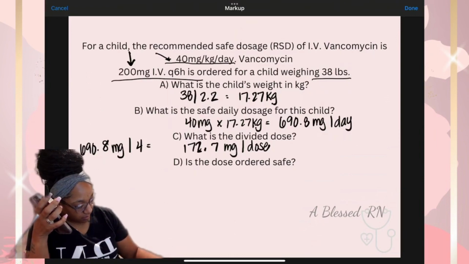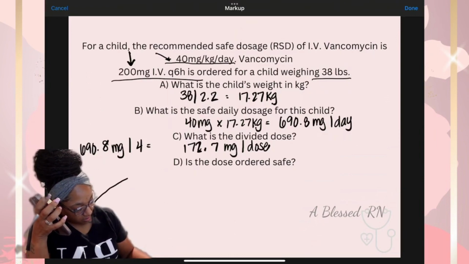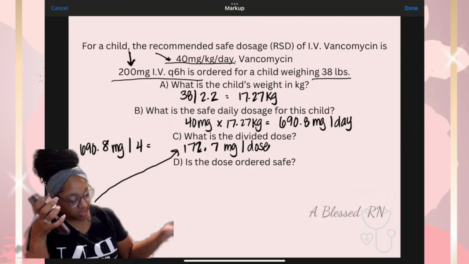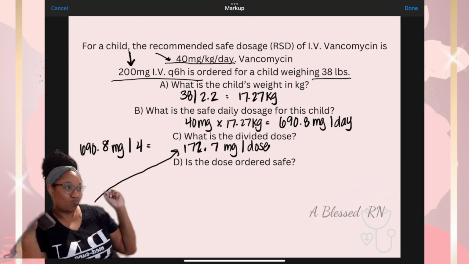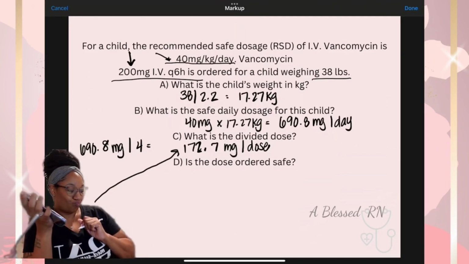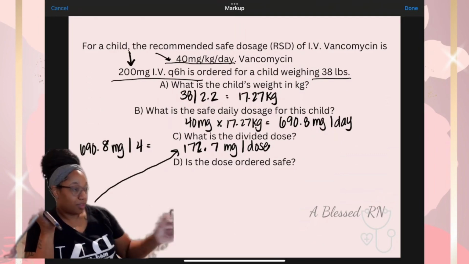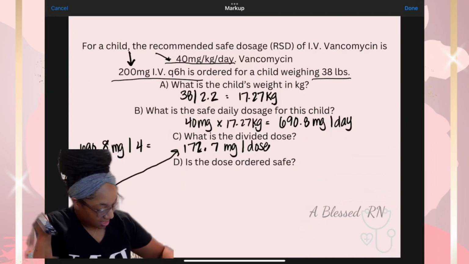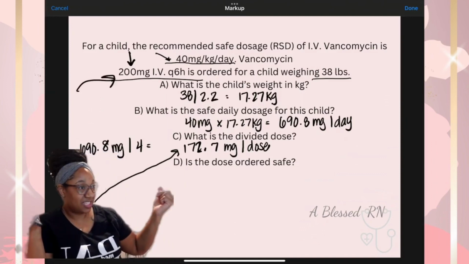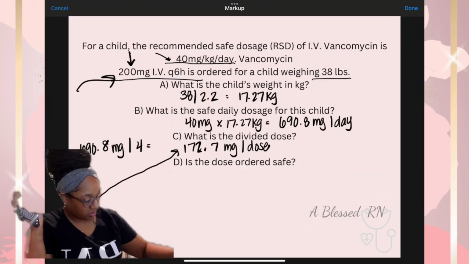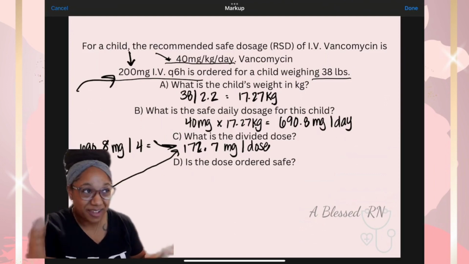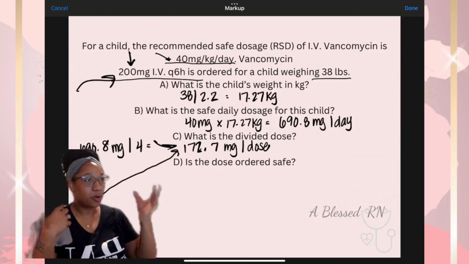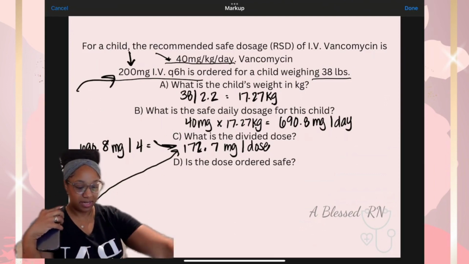We have determined that you can give this much per dose. So if this is not equal to this or less, then it ain't safe. That's too much. So let me break it down.